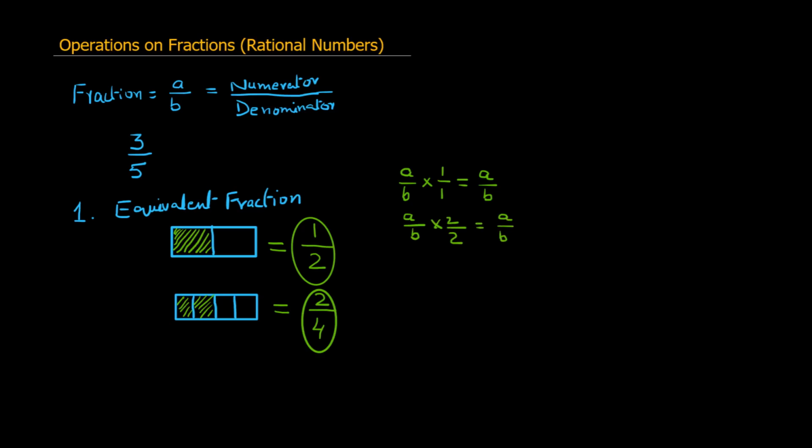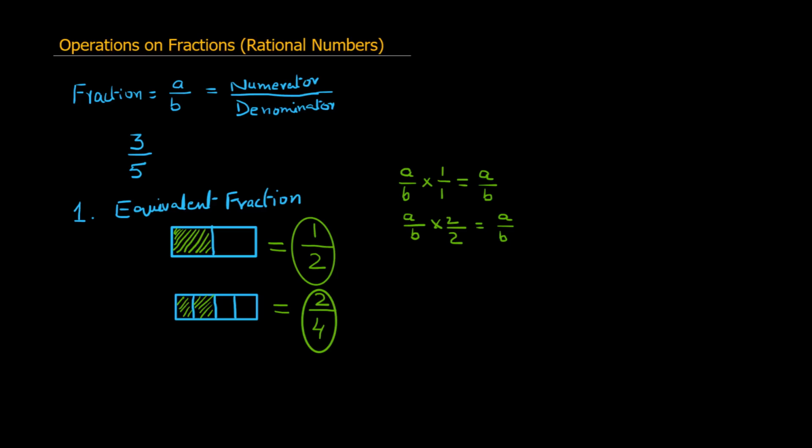So it means if we multiply and divide a fraction by any number, 1, 2, 3, 4, or any decimal number, 1.5, 1.2, 1.3, if we multiply the numerator and denominator with the same number, we get another fraction which is equivalent to the first fraction.